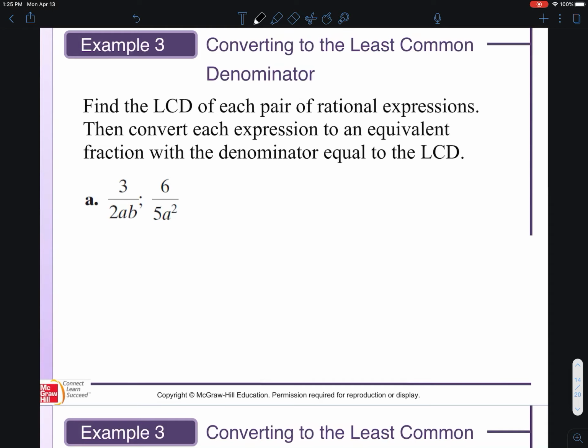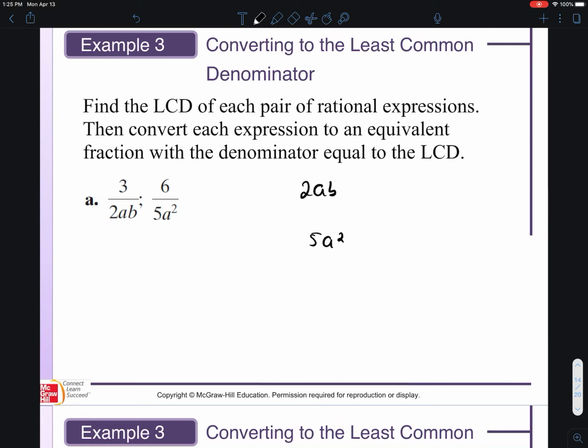And so what we're going to do is go ahead and see what we have. We have a 2ab. We have a 5a squared.